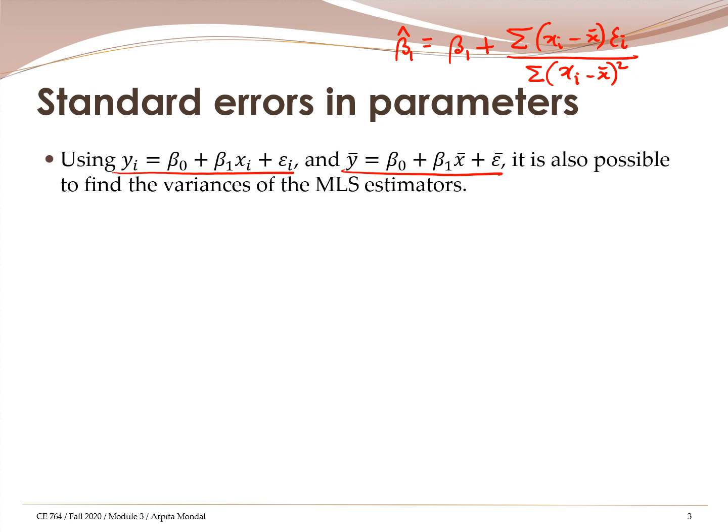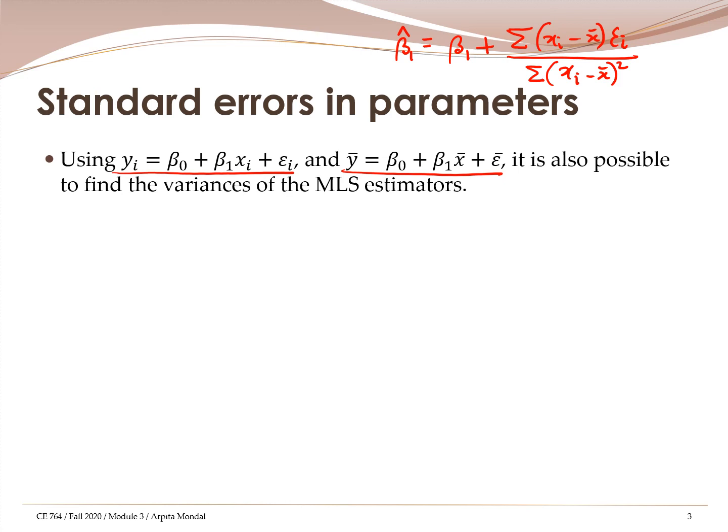If I had another sample of 50 years in Kolkata, I would fit another straight line, another simple linear regression model, and I'd get another value of beta naught hat and beta 1 hat. So this variability over repeated sampling is called sampling variability, and this is why there will be errors in these estimators beta naught hat and beta 1 hat.